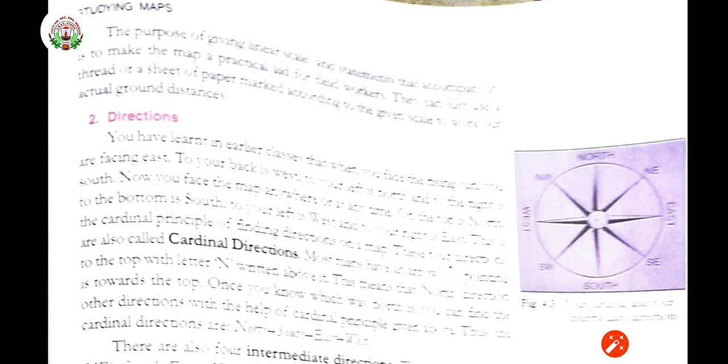So on the ground they will find how much 1 kilometer distance is, and according to that they differentiate. They can just use a thread or a sheet of paper marked according to the given scale to work out the actual ground distance, right? Whatever distance on the ground is mentioned will be taken into consideration. So this way the scale is being used, right?